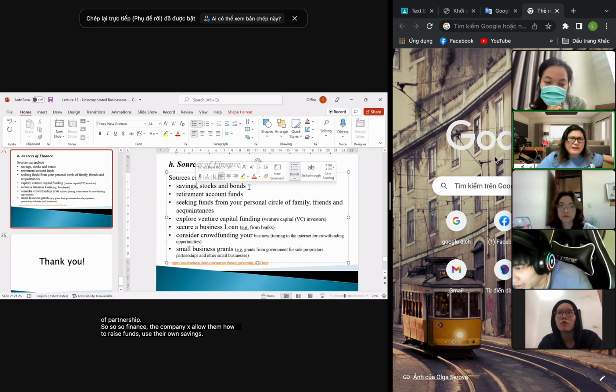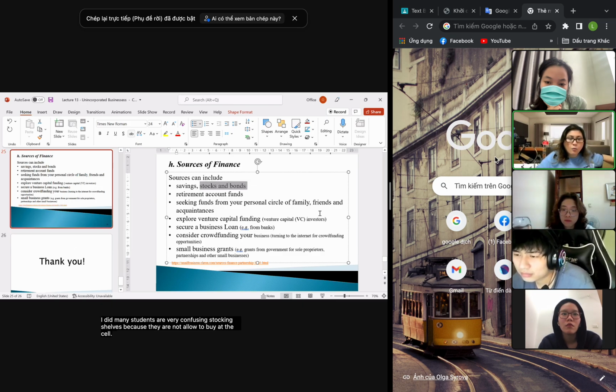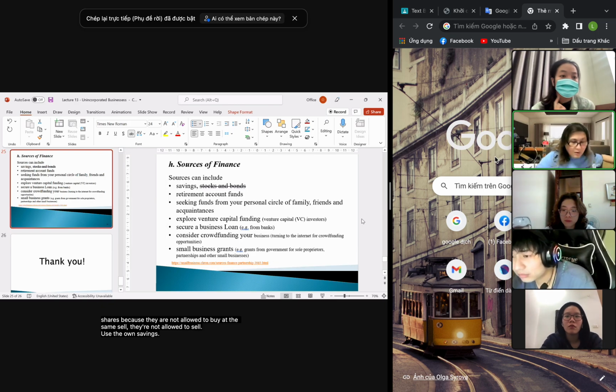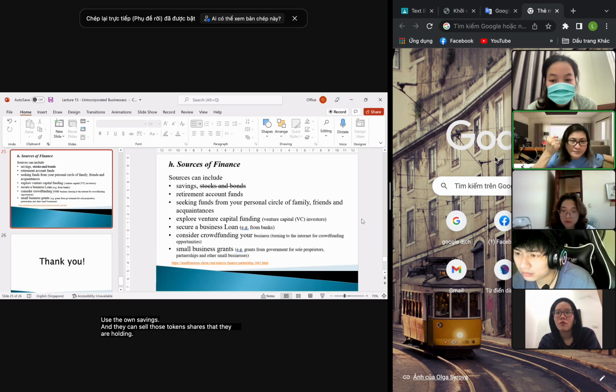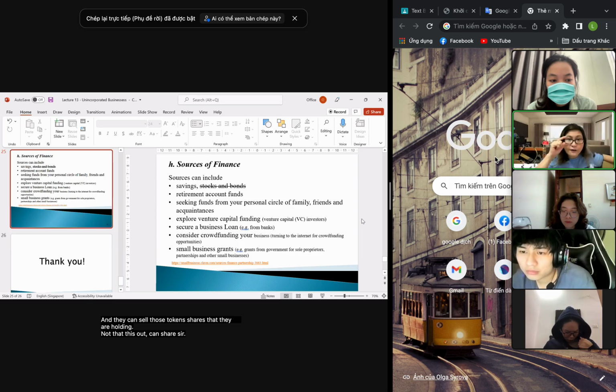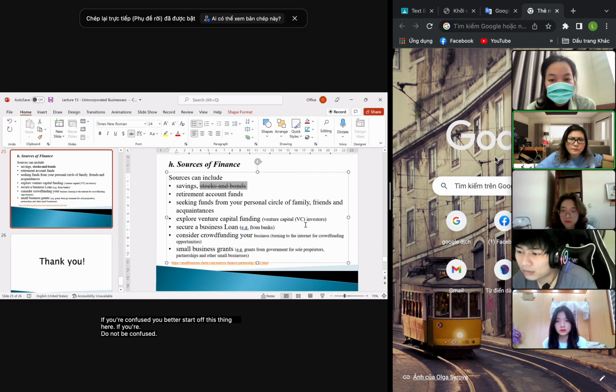I think many students are very confused with stock and shares because they are not allowed to sell stock and shares, but they can buy. And they can sell off those stock and shares that they are holding, not that they sell stock and shares. Do not be confused.